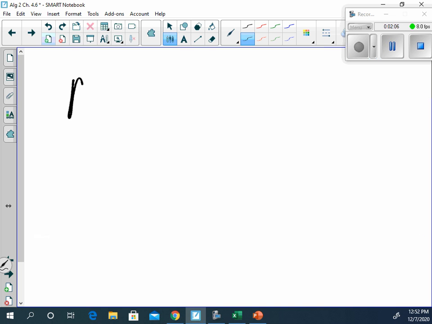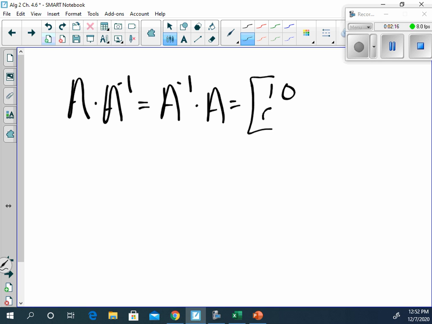So if A times A inverse, if they are inverses, will be equal to A inverse times A, which is equal to our identity matrix. An identity matrix is going to be any matrix that has a diagonal of ones and everything else is zero. So this here is what we would call the identity matrix.